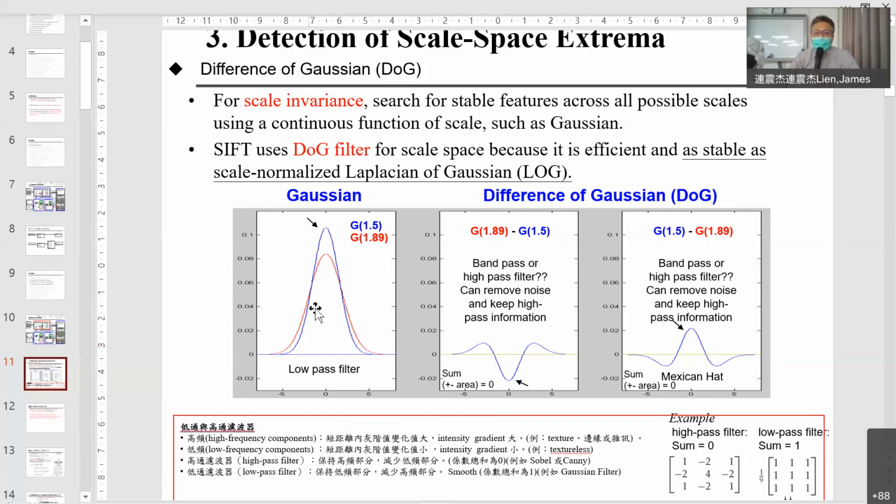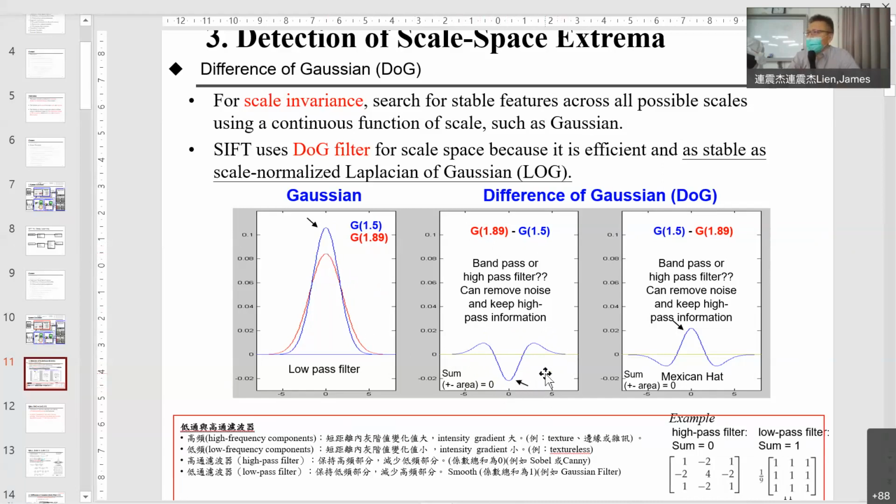So we have Gaussian distributions with different standard deviations. The wider one has a lower peak. The wider one is negative, so if you do the subtraction, you will get this one.